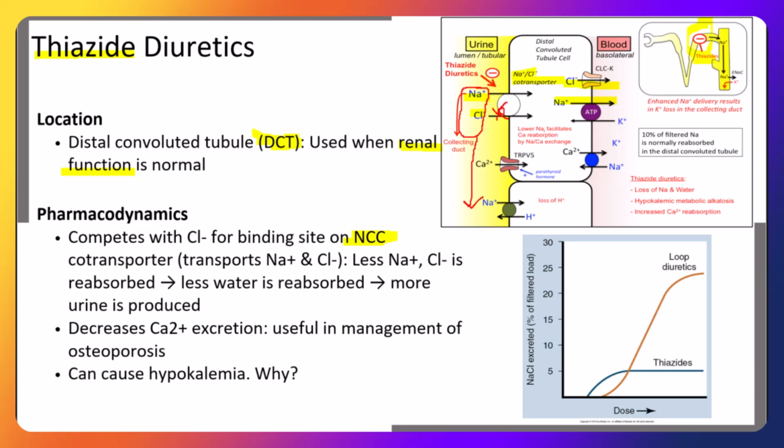What's really neat about these thiazide diuretics is that where they have their effect in the distal convoluted tubule, the excess sodium that's present here actually encourages the movement of calcium back into the blood. And if we're adding more calcium back into the blood, it is available for storage in bones.